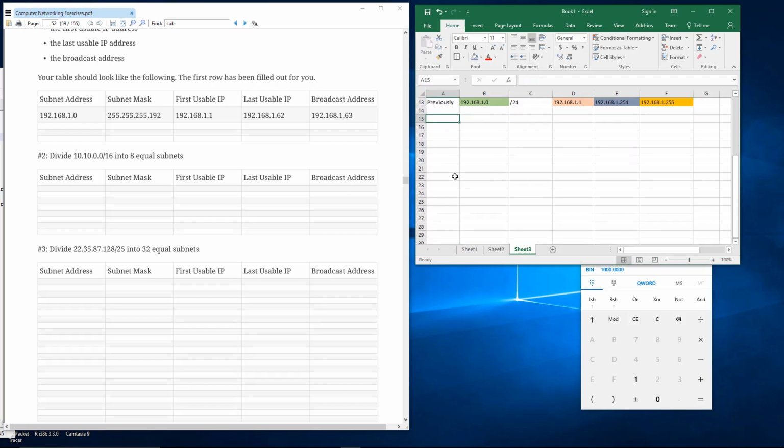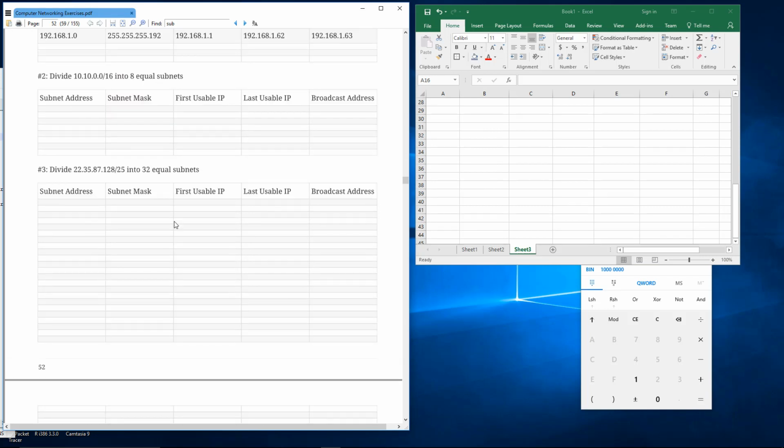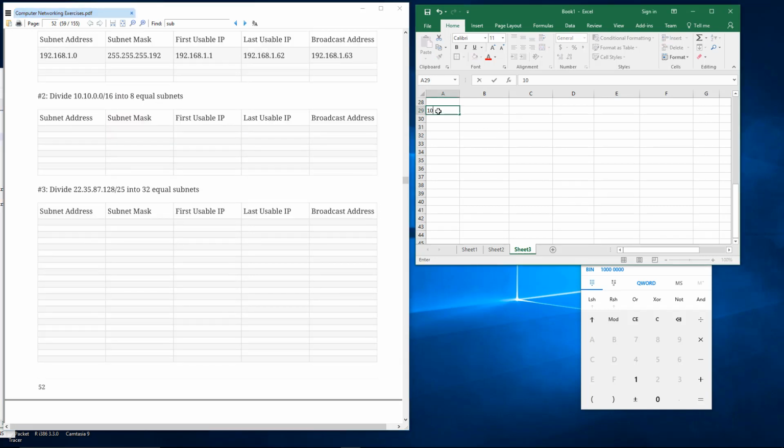Now let's do the same thing. I'll start you off on number 2 and number 3 here. So we're given 10.10.0.0/16, and we want 8 equal subnets. Okay, so let's think about it. We have the /16 network. If I add 1 to the subnet mask, that would give us 2 equal subnets.